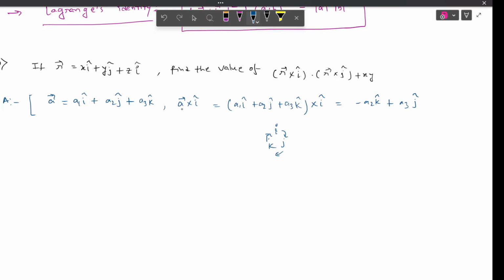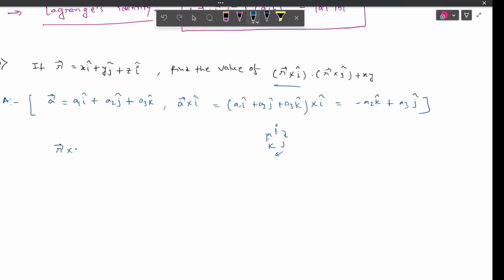Okay. And if we want to find this question, so here I can say that we have to find out r cross i.